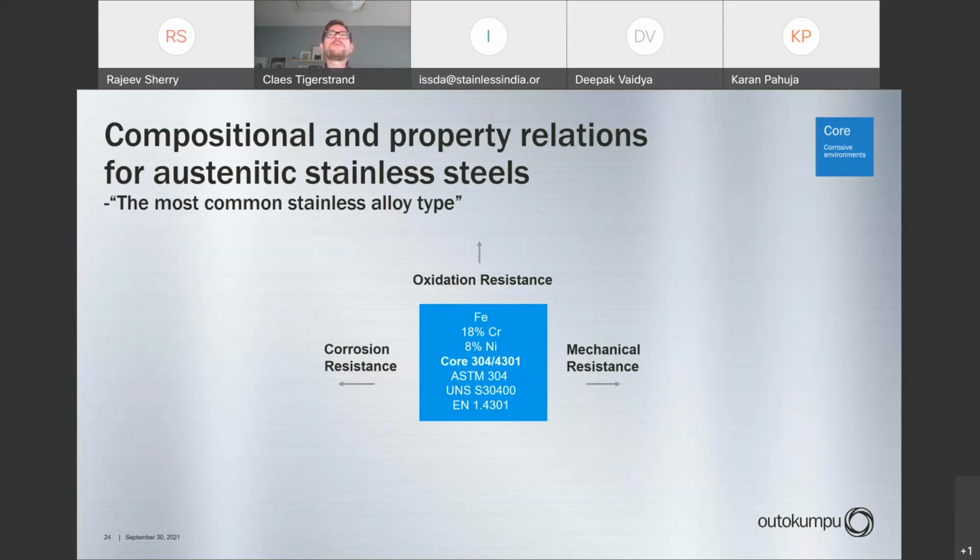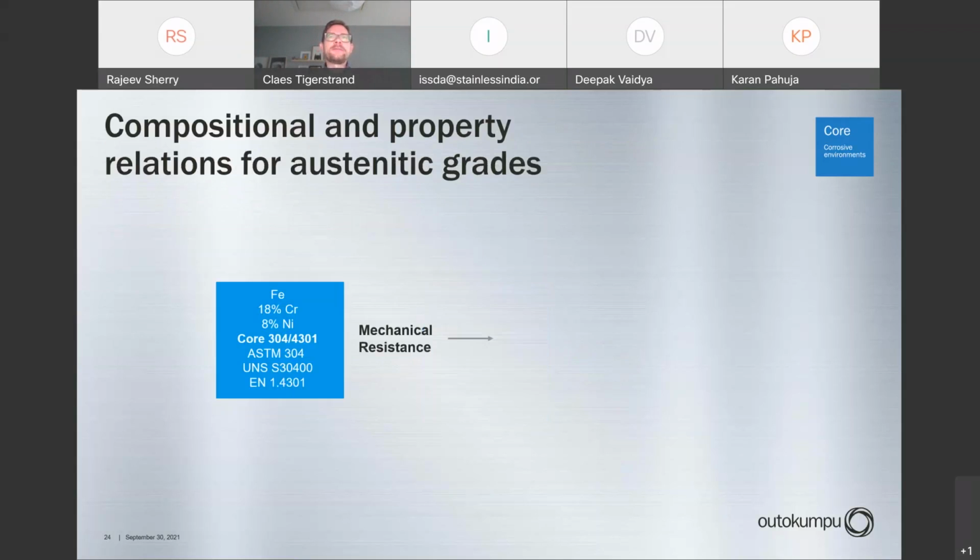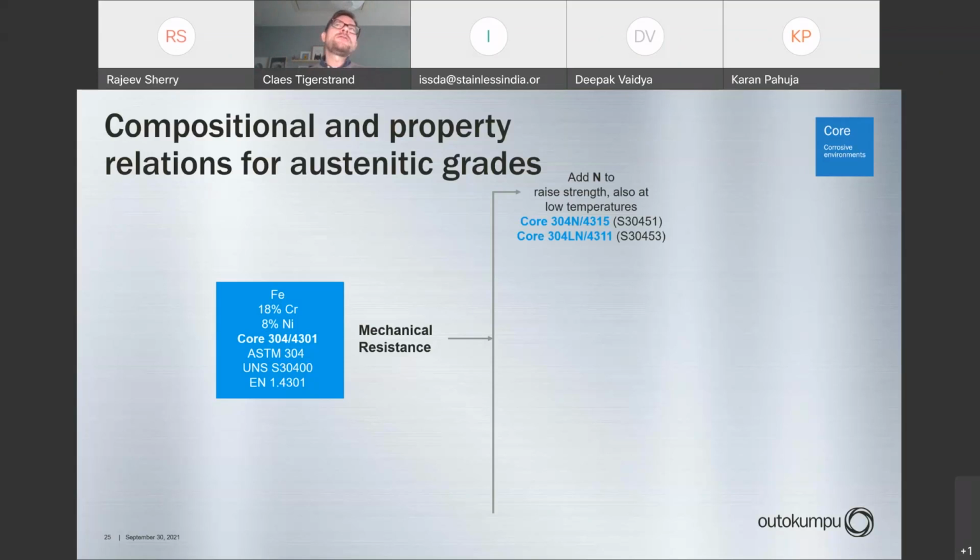So if we're first looking at what happens if we add some element for the mechanical resistance, starting from 304, we're adding nitrogen. Nitrogen, we heard earlier, will raise the mechanical strength, and it will also increase the strength at lower temperature.